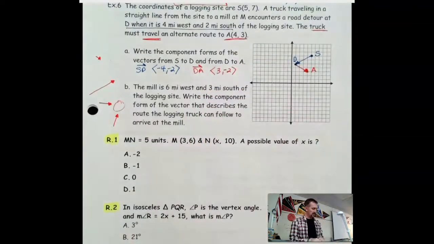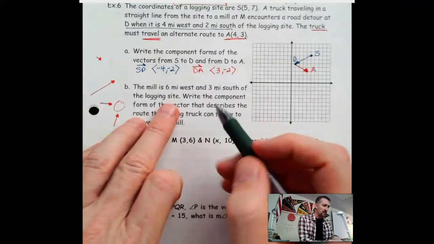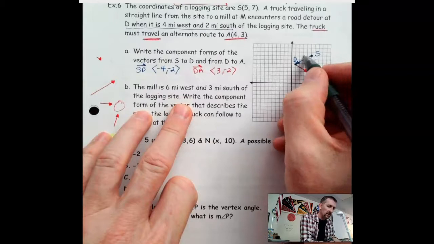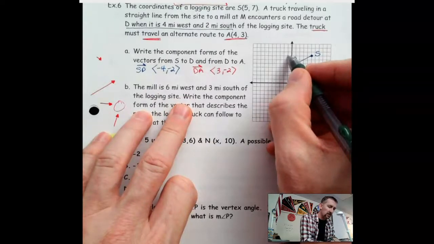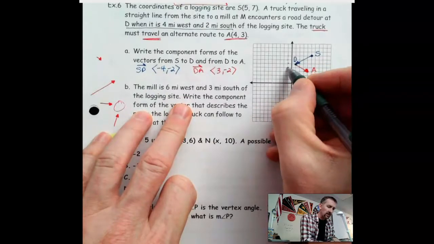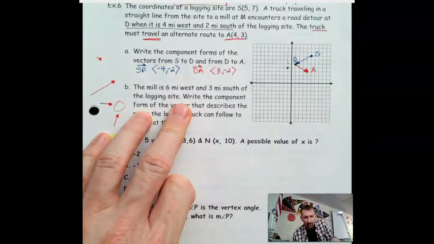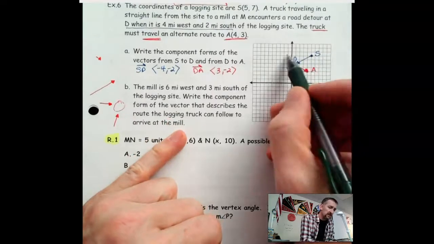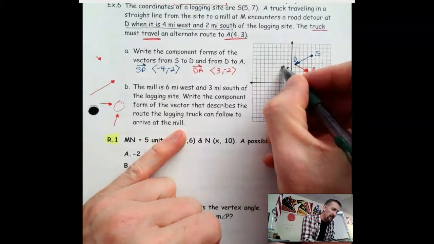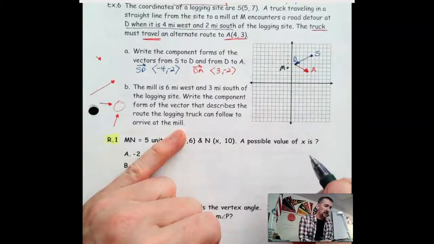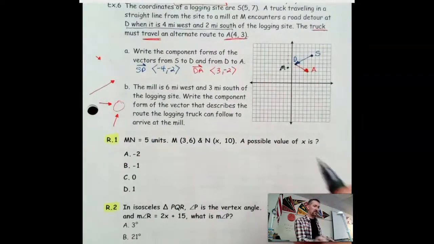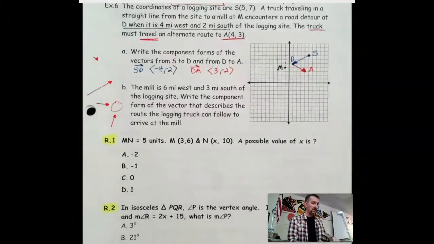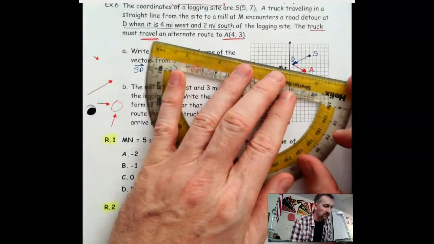Okay, now the mill is 6 miles west and 3 miles south. 1, 2, 3, 4, 5, 6. 1, 2, 3. All right, so the mill was 6 and 3, so that was M for the mill. And it says, write the component form of the vector that the truck has to go to now to get back to the mill.